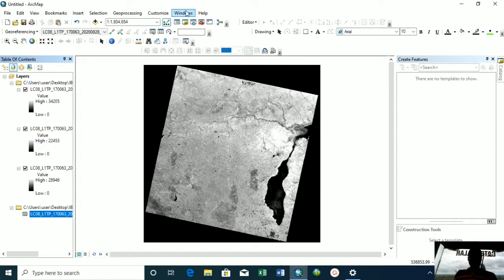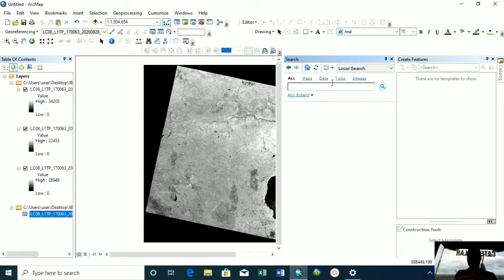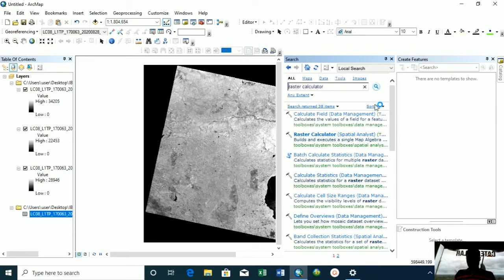So I will go here to window and then search, and then I will write here raster calculator, and then I will search. I'm going to choose this one for my work.